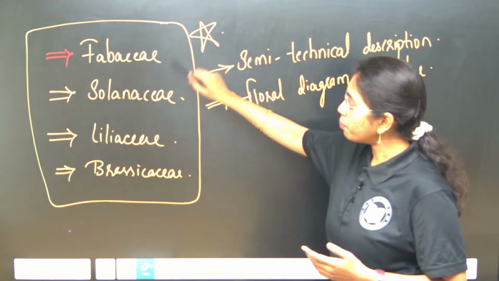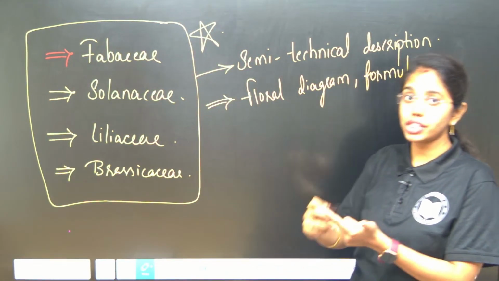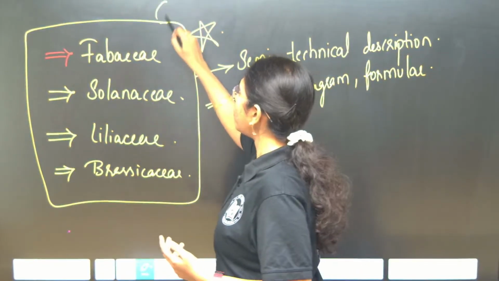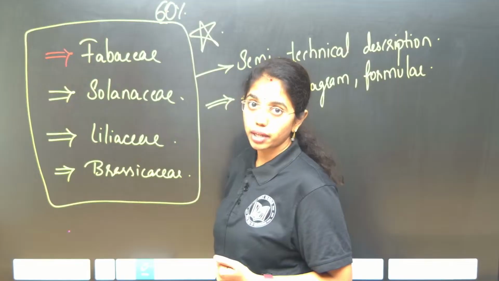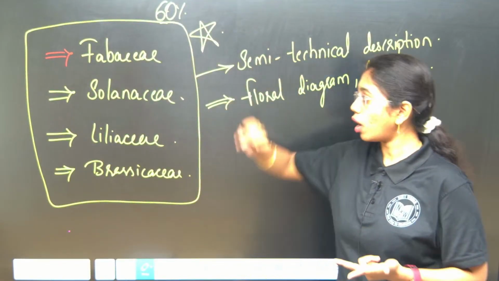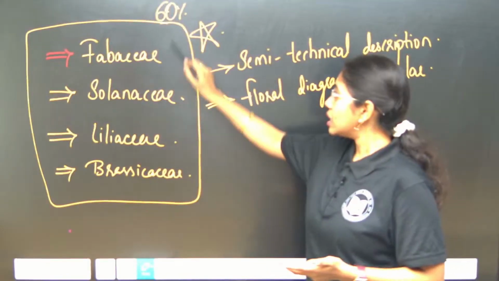Just by completing the distribution, vegetative characteristics and floral characteristics with the examples, 60% of the chapter will be done.